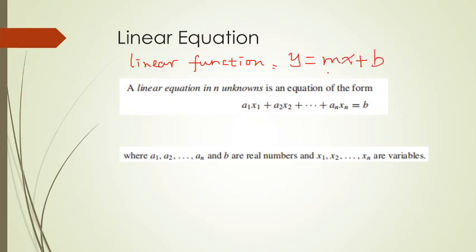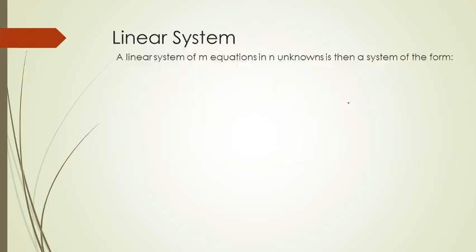We can also take this as a polynomial of the variable x with degree 1, so it's called a linear function. So here it's a linear equation, which means for all the variables, the degree is 1. That is one linear equation with n variables.